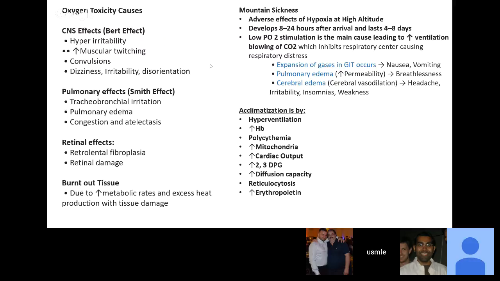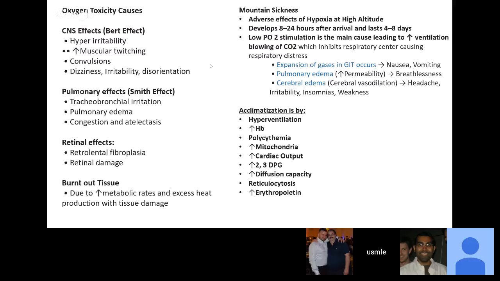The other question that I'm going to be asked as well is about mountain sickness, because from time to time you have people going to the mountains, you have climbers, etc. So that is the reaction of the hypoxia in high altitude.